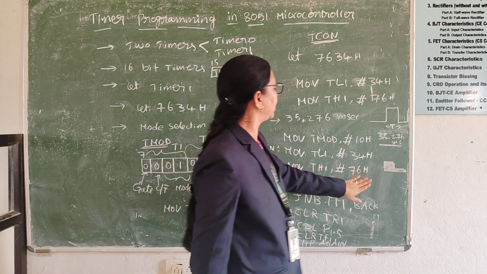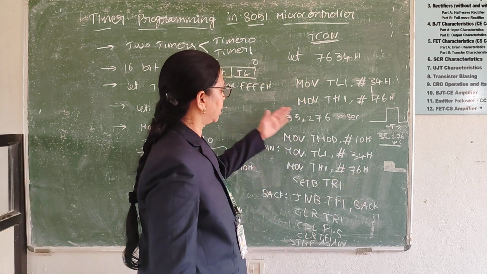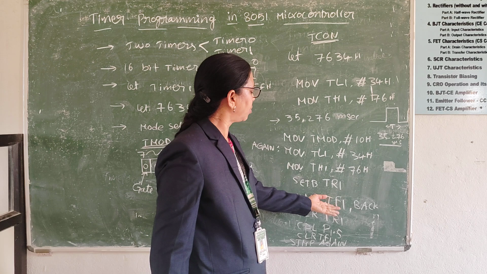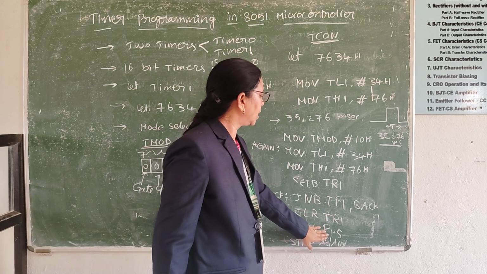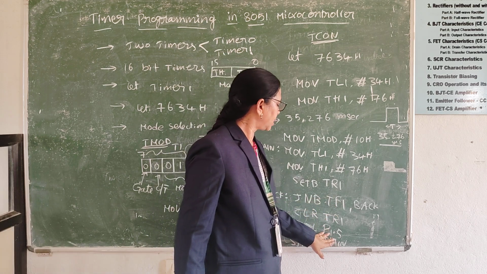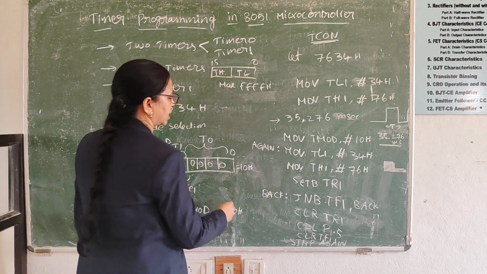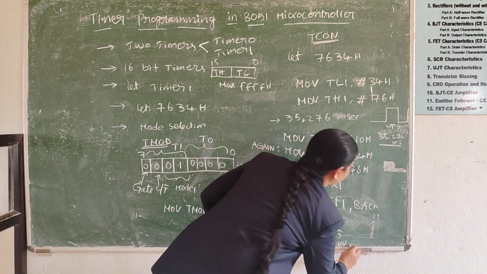The initial value will be loaded again, the timer will be run, and the flag checked. If it overflows, then complement pin P1.5. Next we can end the program.